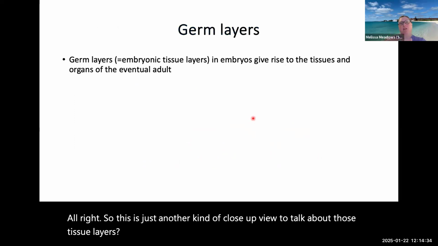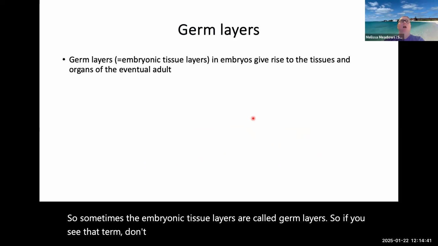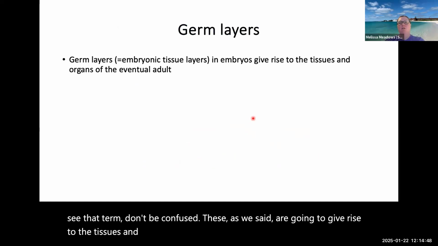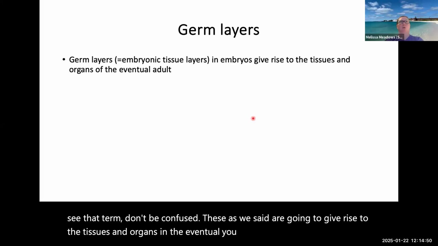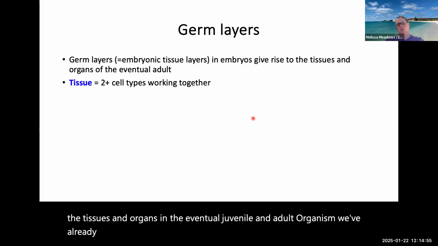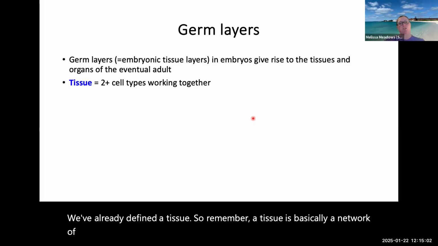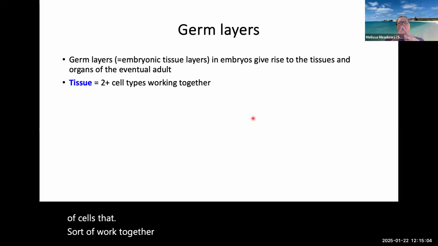So sometimes the embryonic tissue layers are called germ layers. So if you see that term, don't be confused. These, as we said, are going to give rise to the tissues and organs in the eventual, juvenile and adult organism. We've already defined a tissue. So remember, a tissue is basically a network of cells that sort of work together to do something like seal off a space.